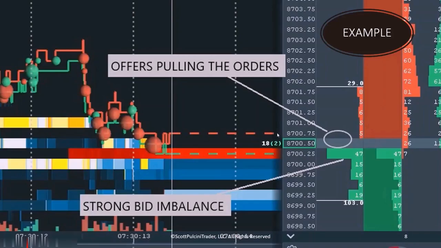These sellers are likely to move their orders further up in the book, knowing that lots of buyers are willing to buy down here, knowing that there's a lot of intent to trade and intent to buy around these levels. So the auction gets skewed, and the best ask is likely going to move away, and as soon as the price goes up, some buyers may want to just jump in and buy at market, lifting the price up.